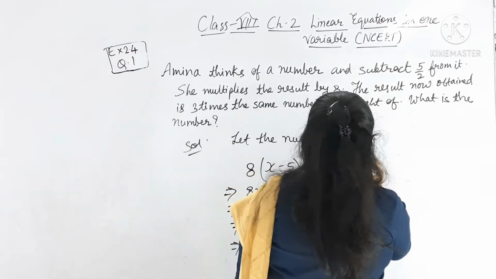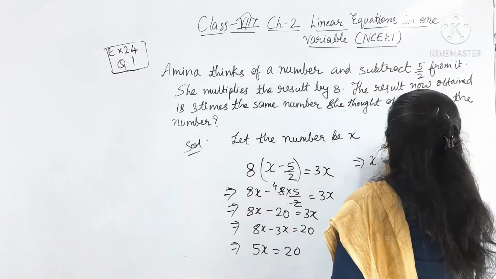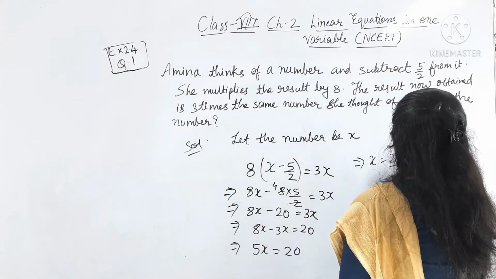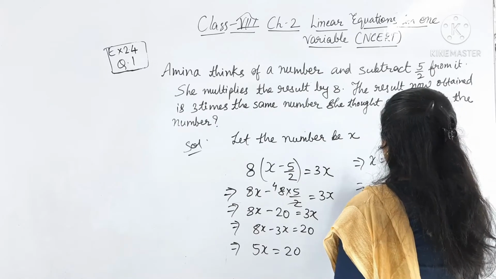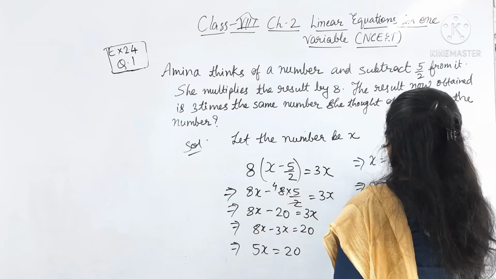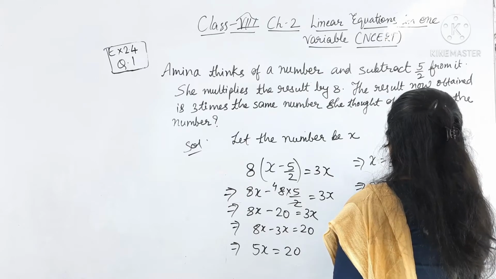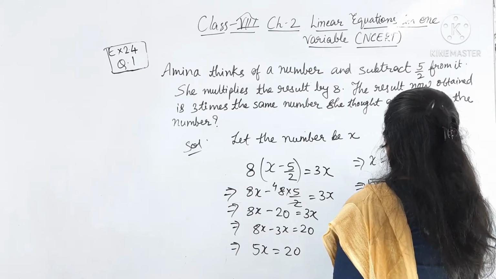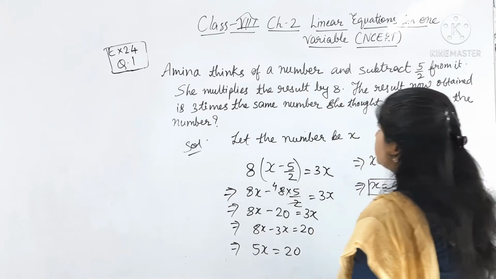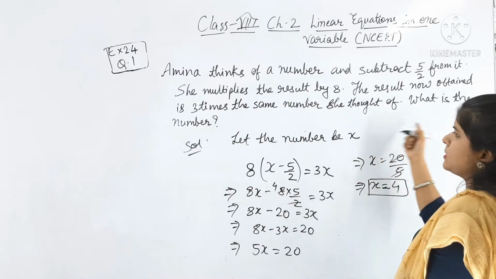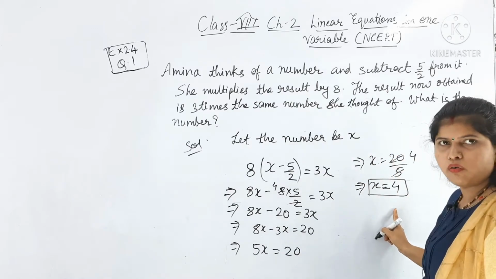So what am I getting here? x equal to 20 by 5. x equal to 4. So what is the number? The number is 4.